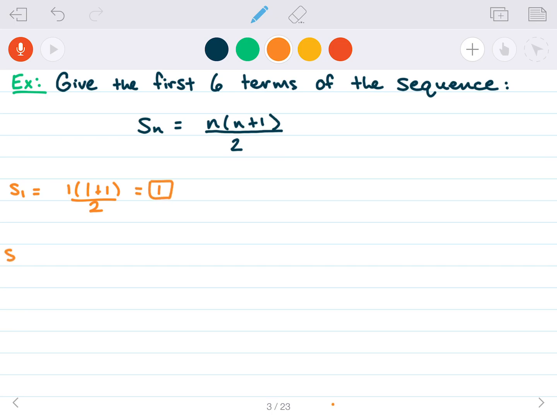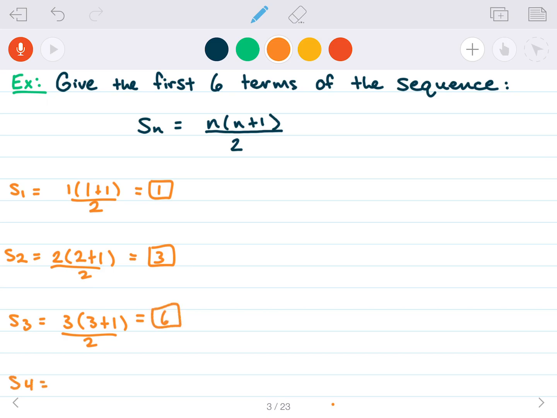Now let's do S sub 2. We're just plugging in 2 for n, so 2 times 2 plus 1 over 2, and that's going to give us 3. We can keep going like this. S sub 3 is 3 times 3 plus 1 over 2, and that's going to give us 6.